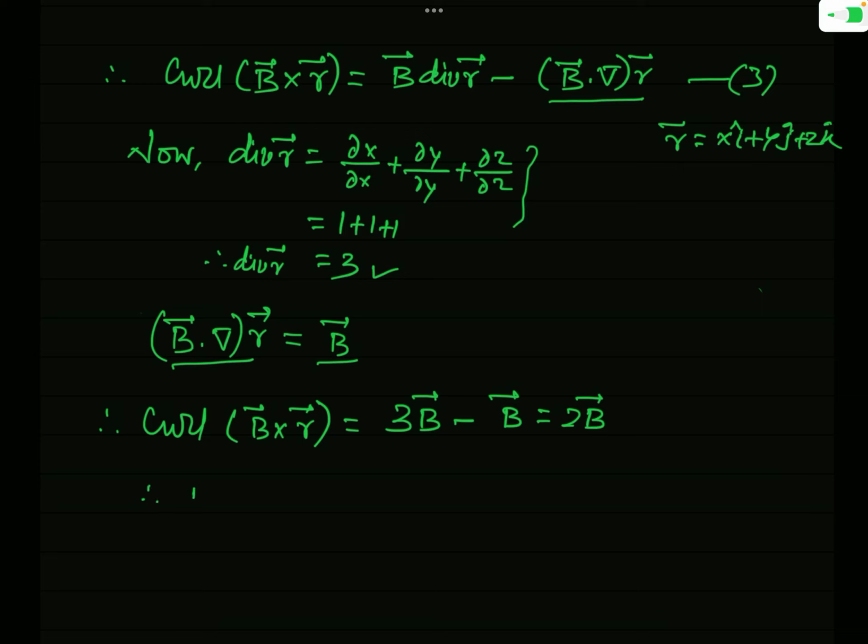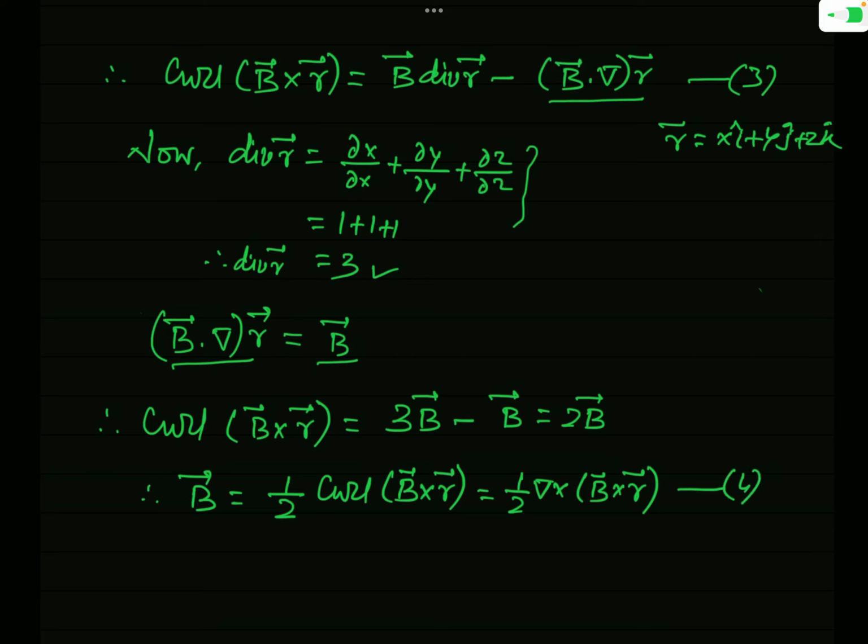And therefore, you can say that this vector B is equal to 1 over 2 curl of B cross R. Or you may also write it as 1 over 2 del cross B cross R. Okay? And say this is your equation 4.